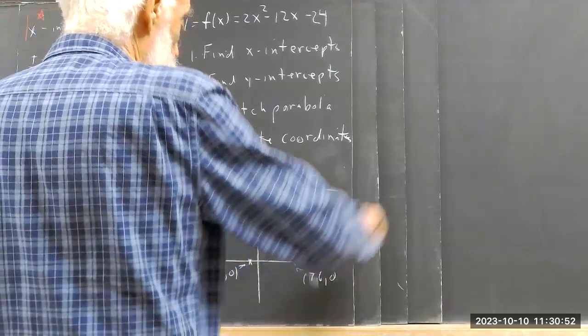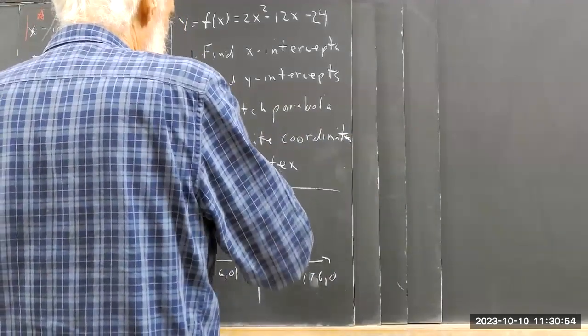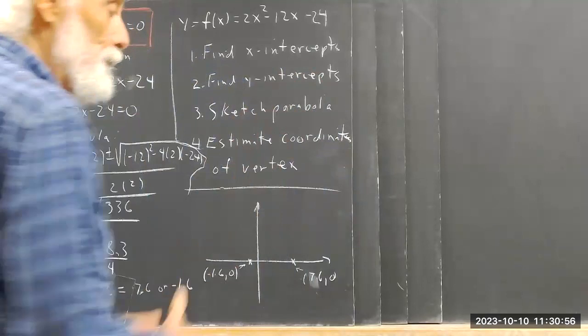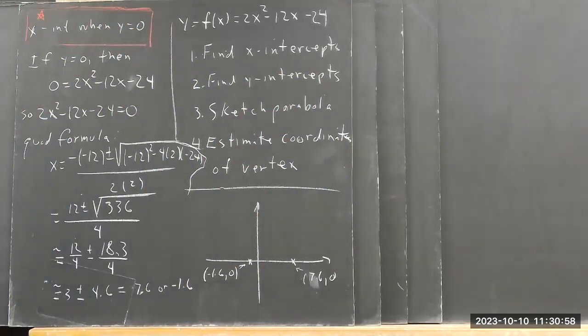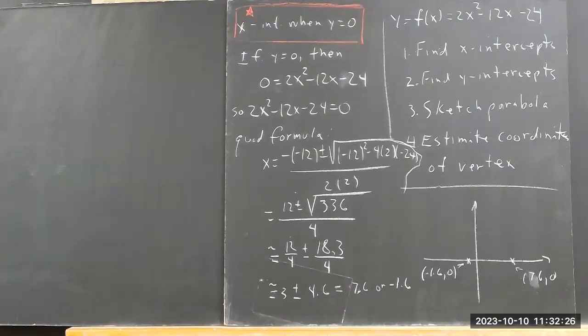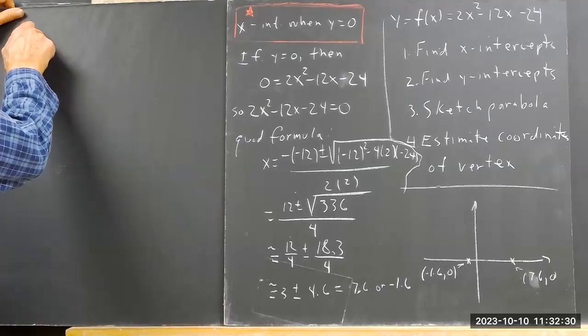Now, maybe it's wide, maybe it's real narrow and steep. We don't know yet, but once we find the y-intercept, we're going to know. We're going to have a pretty good idea what this graph looks like. Okay, so what's the y-intercept?